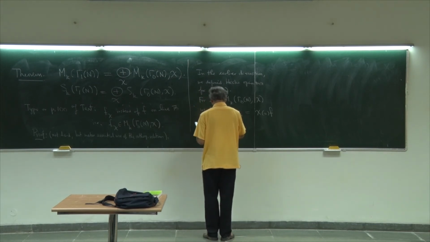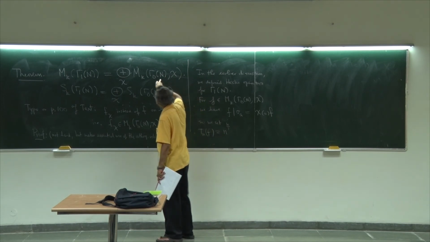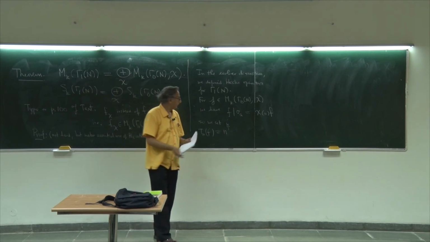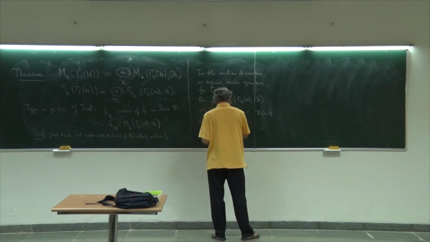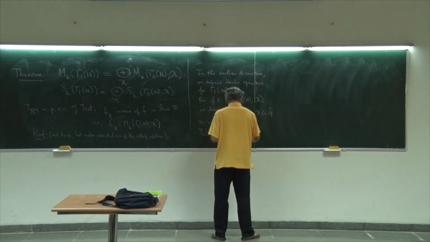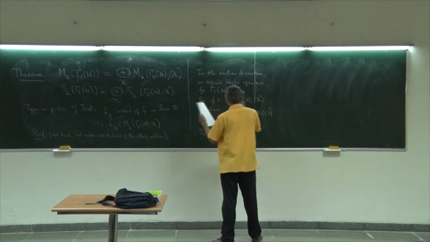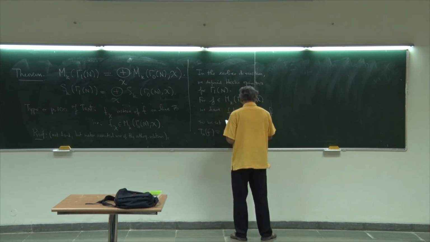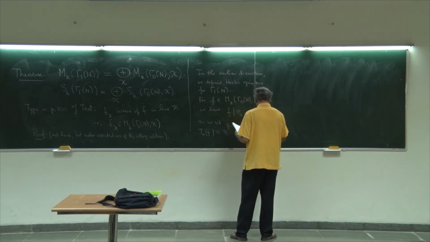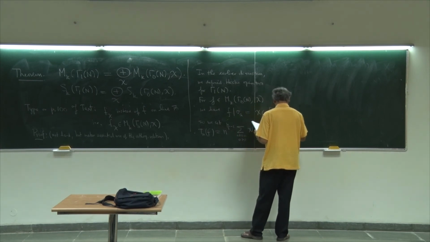I can view my f in this space as an element here and look at what the Hecke operator is doing to it. So here I'm going to apply the map. f slash sigma a is that, so we can write it as chi of a times the summation b from 0 to d minus 1 of f slash (a, b; 0, d).